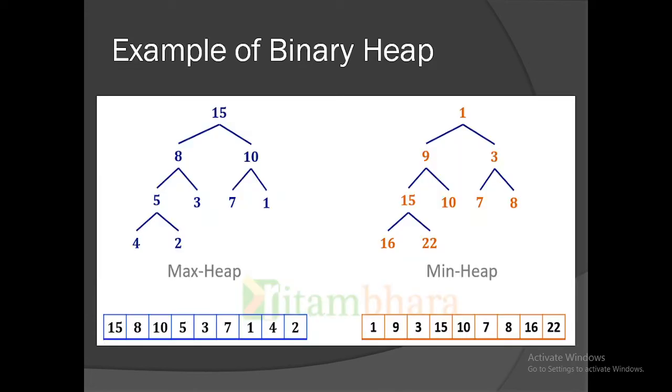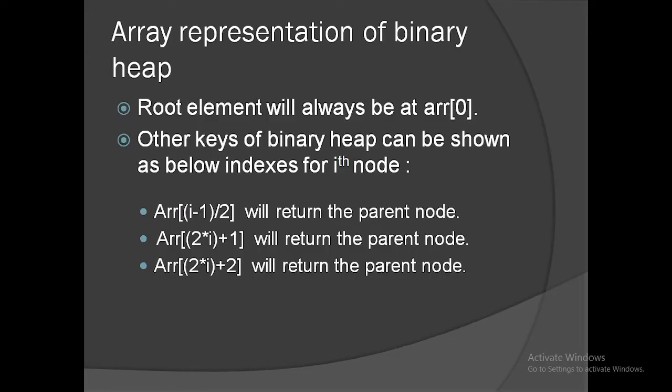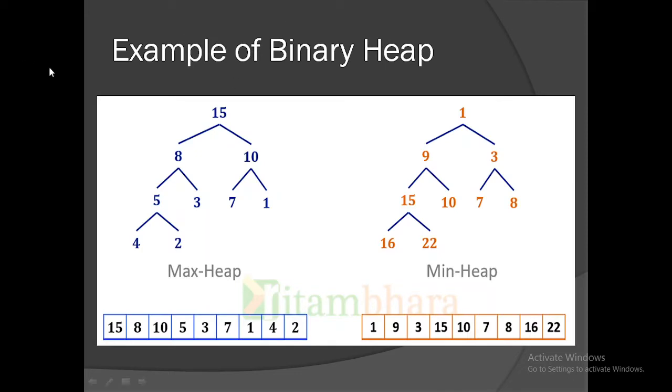Let me show you an example of binary heaps. We can see here the max heap and min heap. In this max heap, if you see the values of the keys, 15 is the root node of this binary heap, and 15 is also the maximum of all the keys present in this binary heap, correct?